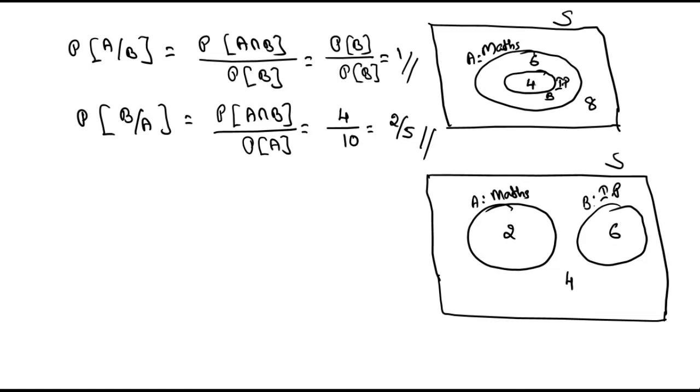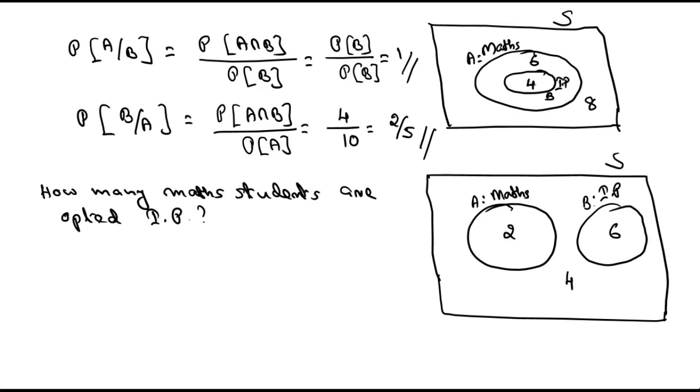How many maths students opted for IP? Maths is given, that is A is given, and you want how many opted IP, that means B given A.